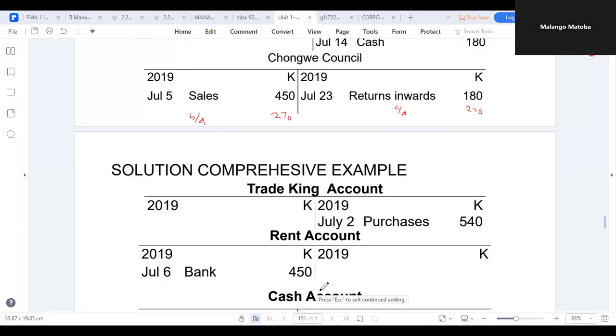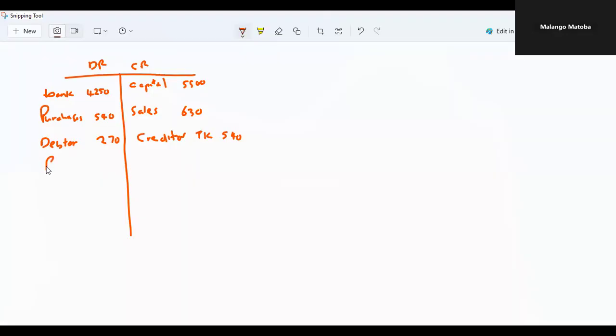It's a debit balance, right, of 450. Rent is an expense, so it has a debit balance. So rent, 450. I hope you're following. This is what we call balancing off.